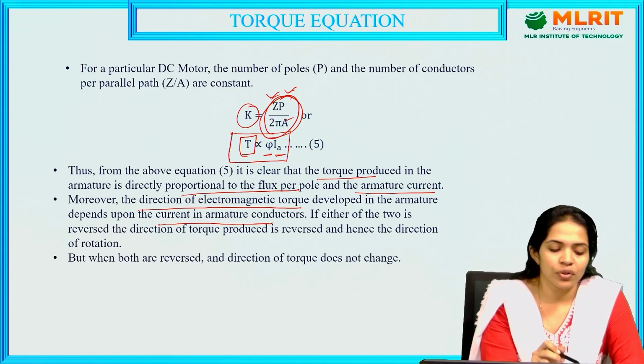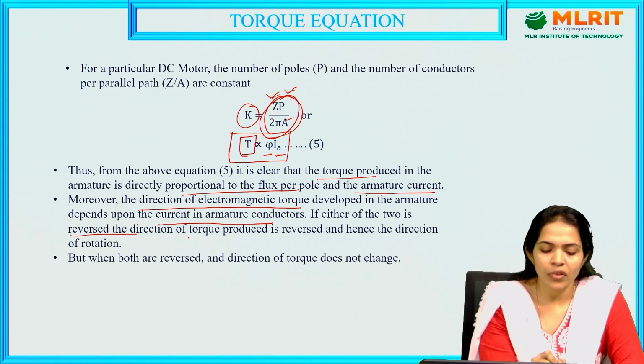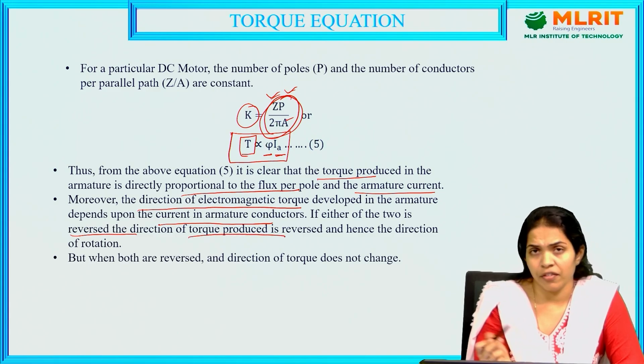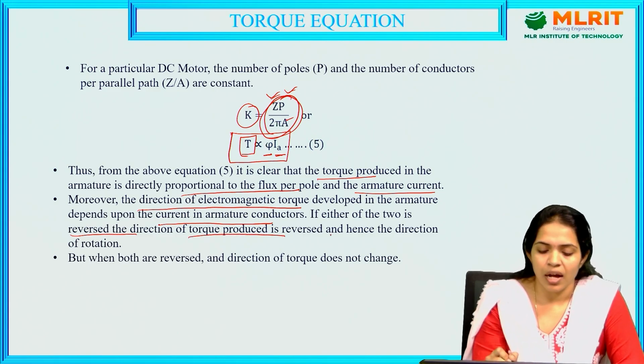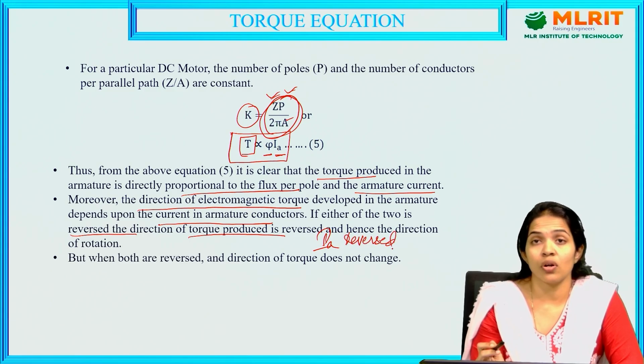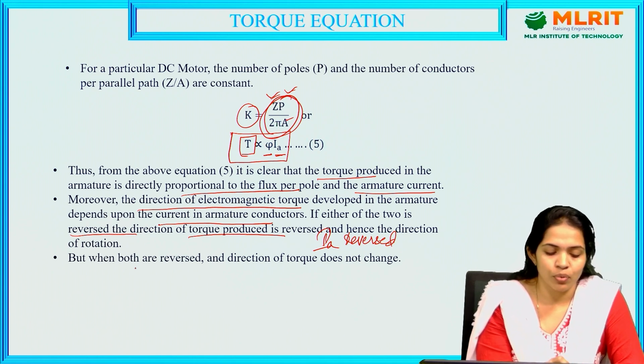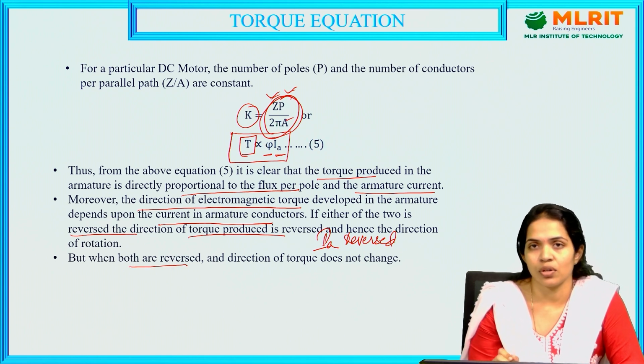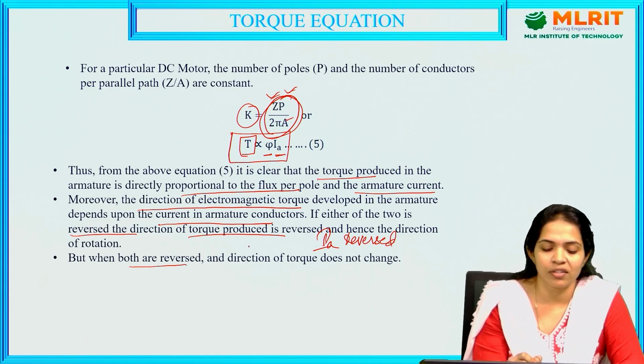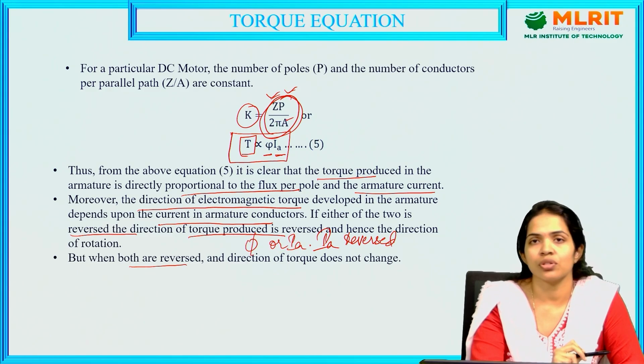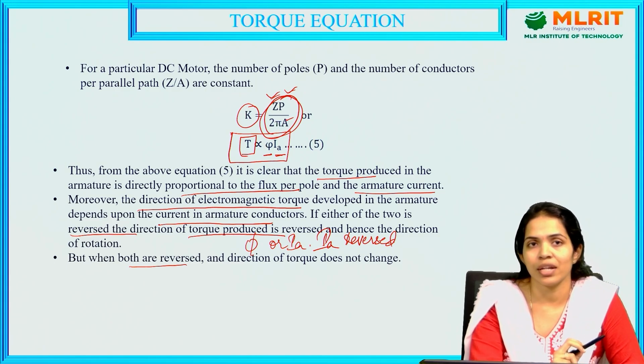If either of the two, phi or Ia, is reversed, then the direction of torque is also reversed, which also reverses the direction of rotation of the motor.